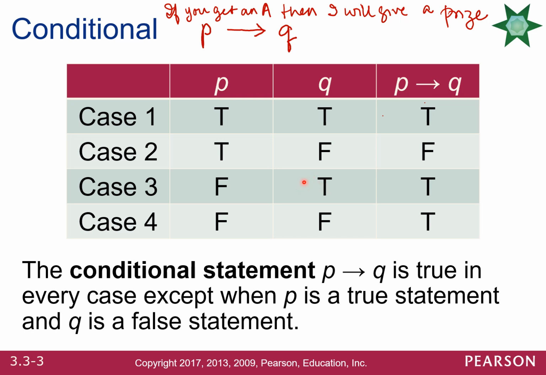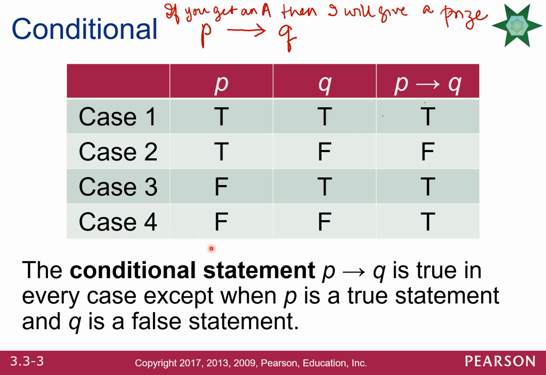Maybe I wanted to encourage you to do better the next time. It's true, I still gave you the prize. That resolves to a true. All right, so it essentially depends on me fulfilling my promise, or Q being met.